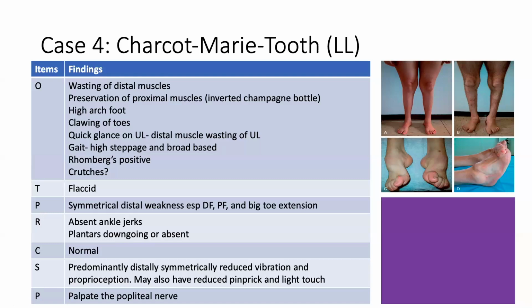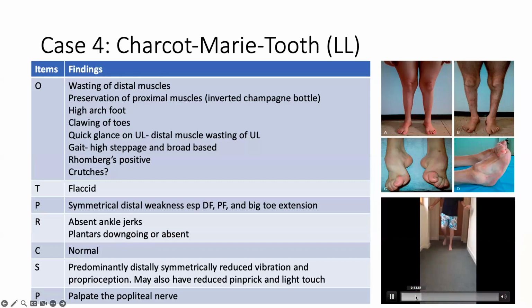And as I said, in the lower limb examination, get the patient to walk early on in your examination. They have a high steppage gait and it is broad-based, because they have sensory ataxia. So let's just see that. His high steppage, look at how high he brought his feet up during examination. And number 2, look at how broad his base is.